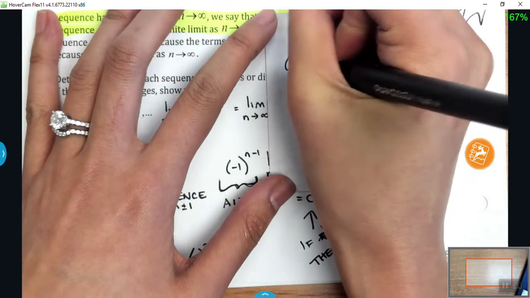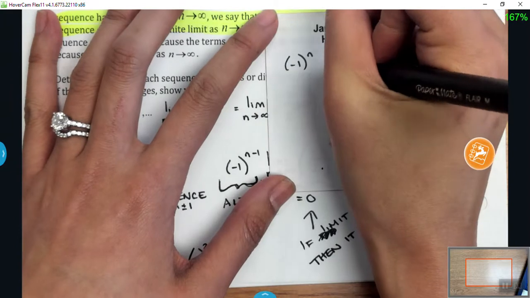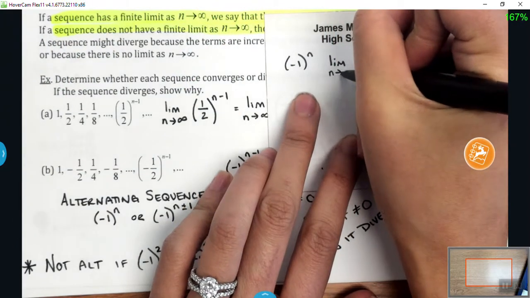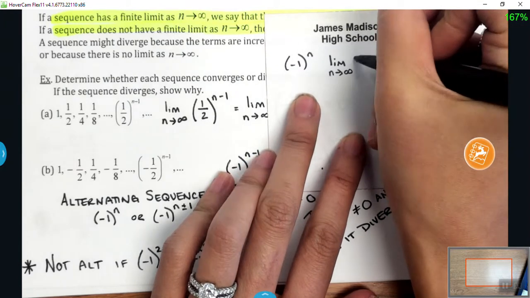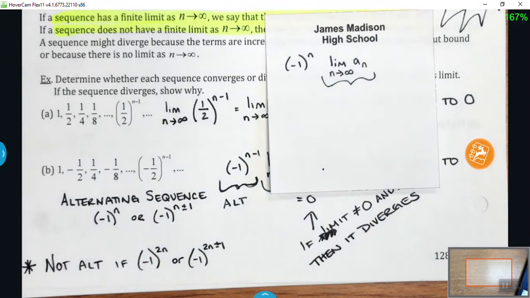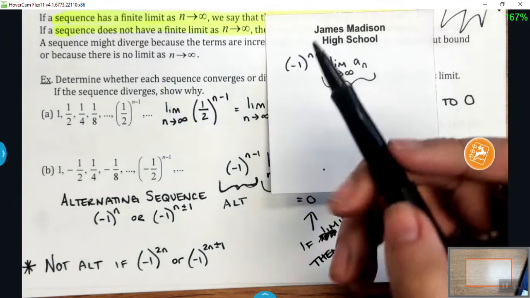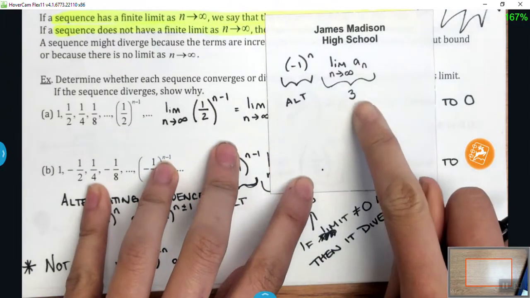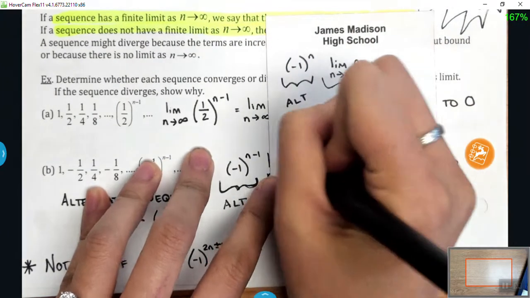So if I have negative 1 to the n power, but let's say that my limit as n goes to infinity of some function a of n approached 3. Okay? So we have this alternating part, but my limit equaled 3. So here's what would happen.